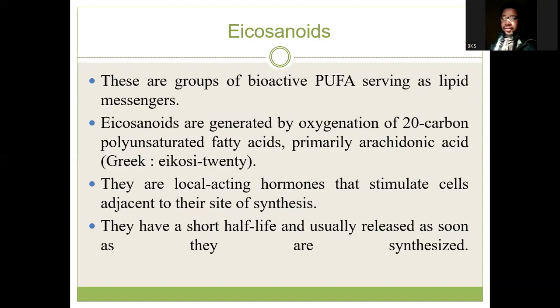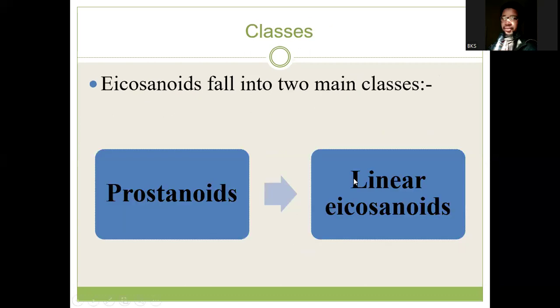Whenever they are needed, then they are released. But these ones, when they are needed, they are produced. And once they are produced, then they are released, and they act very close to where they are released. This is basically what eicosanoids are, chemical messengers.